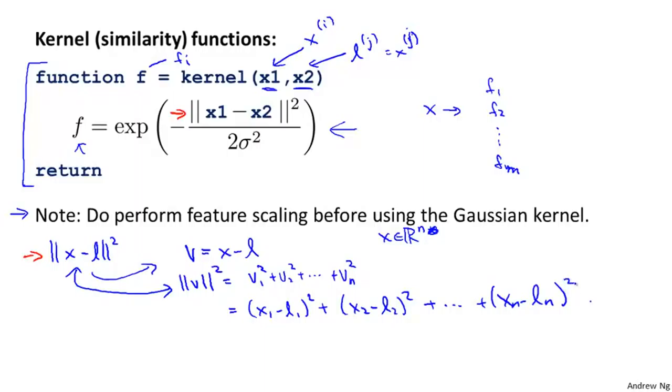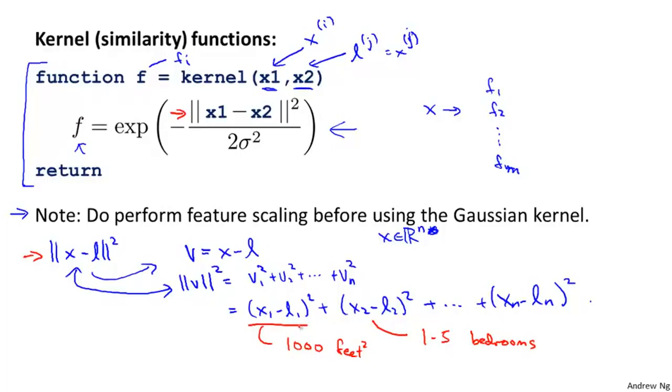And now if your features take on very different ranges of values, take a housing prediction example, where your data is some data about houses, and x1 is in the range of thousands of square feet, but your second feature x2 is the number of bedrooms, in the range of 1 to 5 bedrooms, then x1 minus L1 is going to be huge.